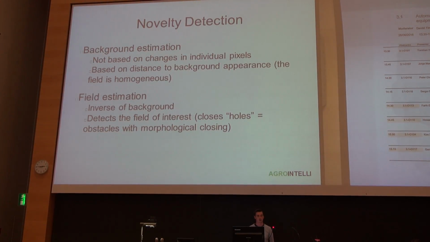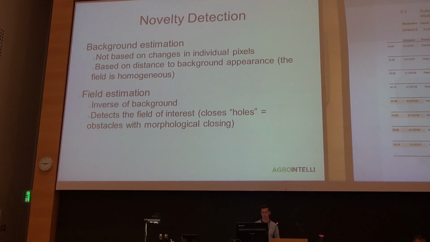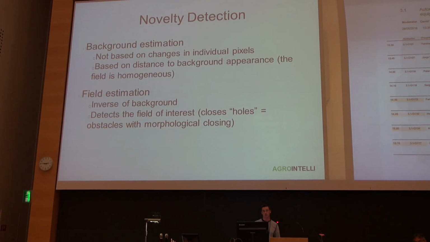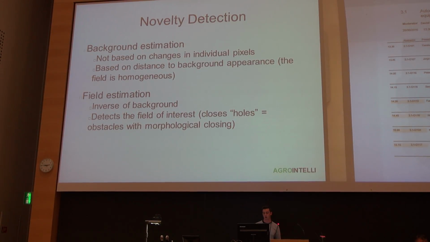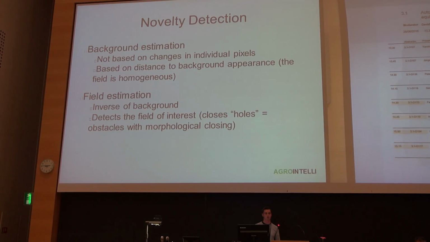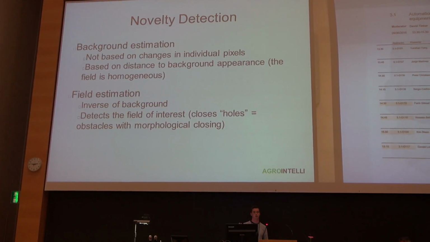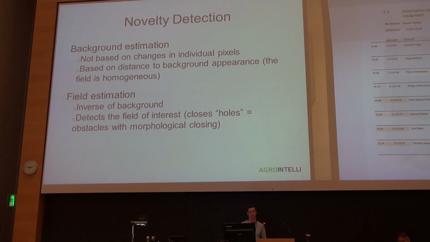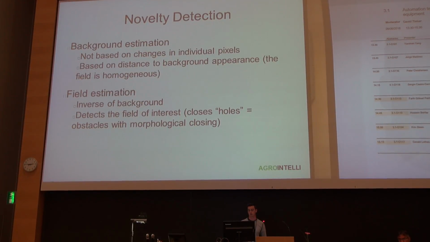The background estimation is not based on changes in individual pixels. In background subtraction for surveillance cameras, you have very good models of how individual pixels change in color or intensity over time. But since we're operating with a machine that's moving, we can't really focus on the pixel level. We need to focus on the image level and image appearance level.